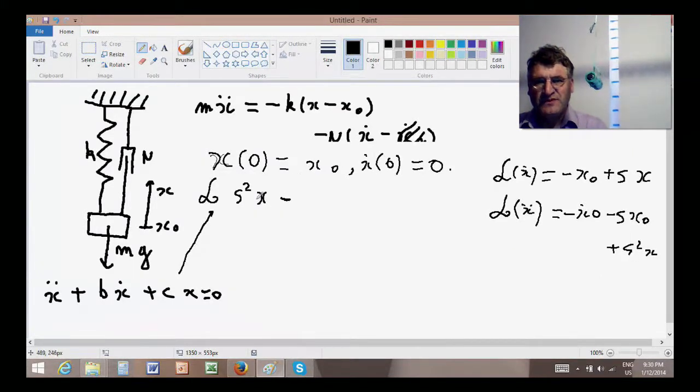Okay, so we obtain s squared x minus s times x0. That is for the x double dot term, plus b times minus x0 plus s x, plus c x is equal to 0.